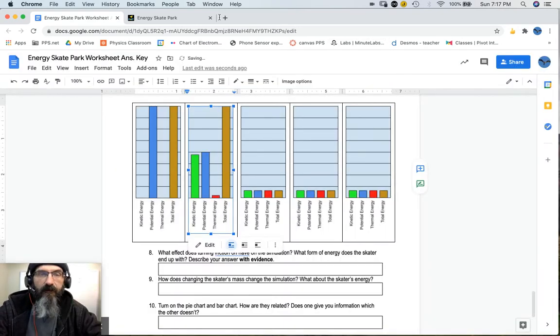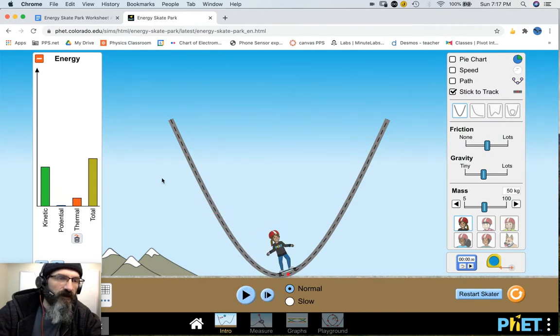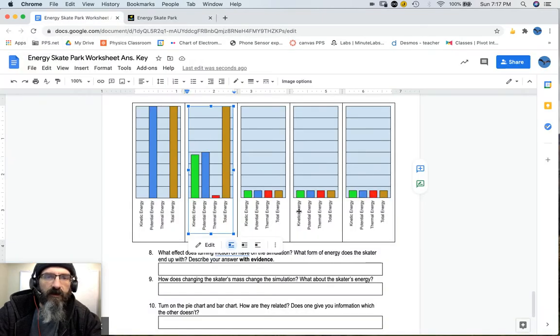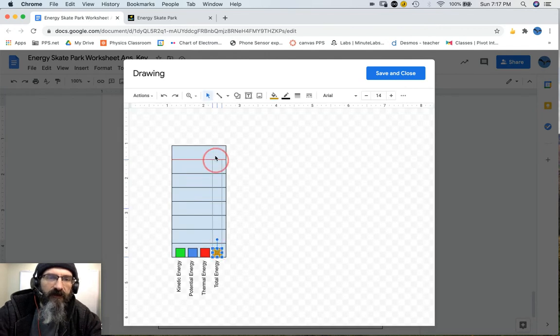All right. We got to go check out position 3 down at the bottom. Okay. Very little gravitational potential, much kinetic, and more thermal. So let's go into position 3. Lift this guy up to the top. I'm going to leave the thermal about where it is. We've got almost none of this.